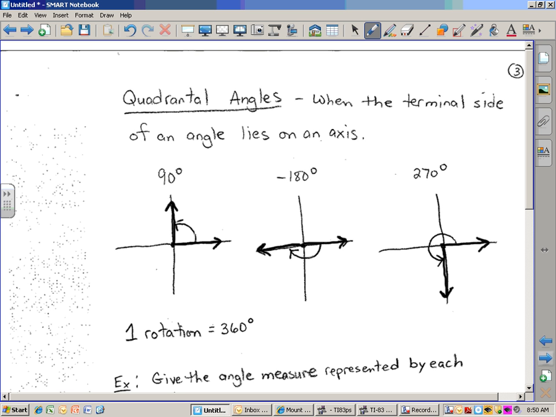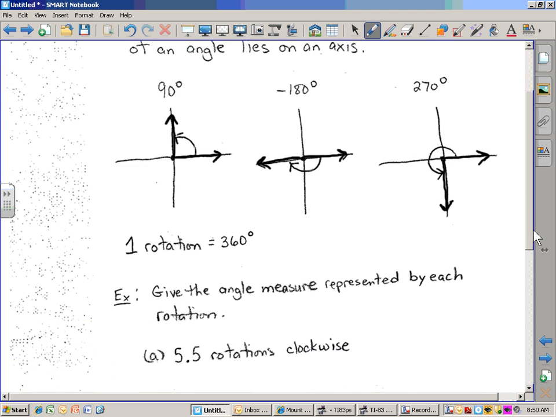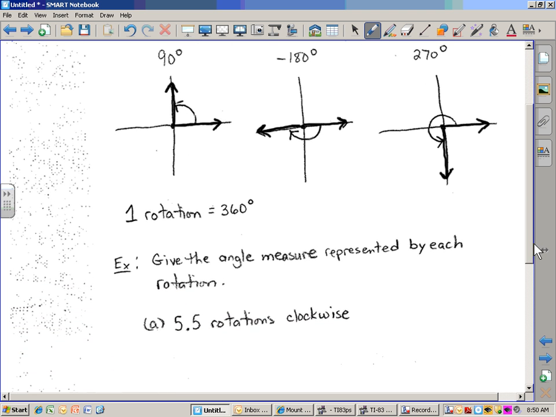So that's just a vocabulary word, quadrantal angles. Any angle that ends on an axis. Again, if we're going too quickly, please just pause the recording, take your time to copy the notes down, and then move on.